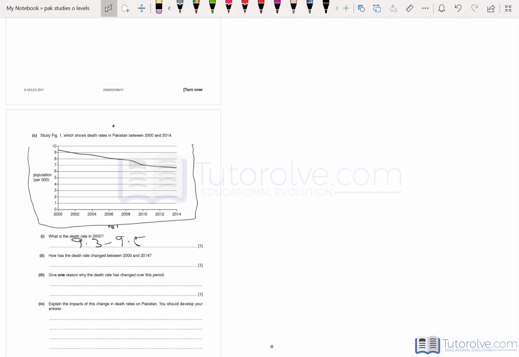How has the death rate changed between 2000 and 2014? It has basically decreased, as the graph shows that there is a downward curve. Give one reason why death rate has changed over this period.